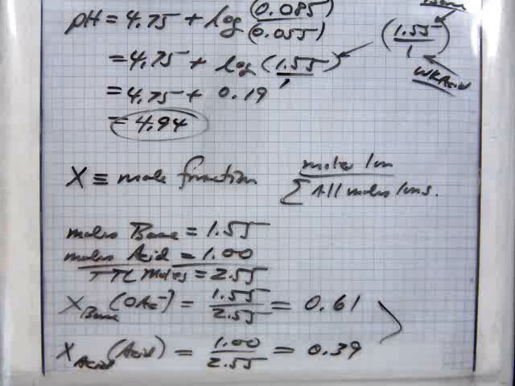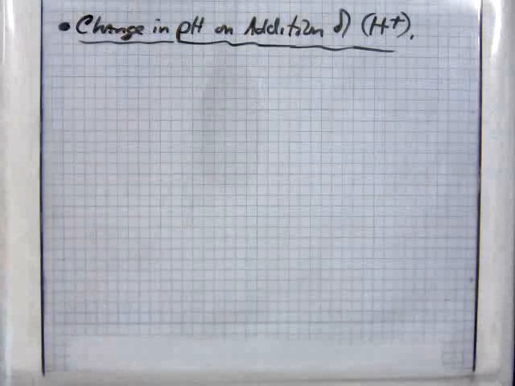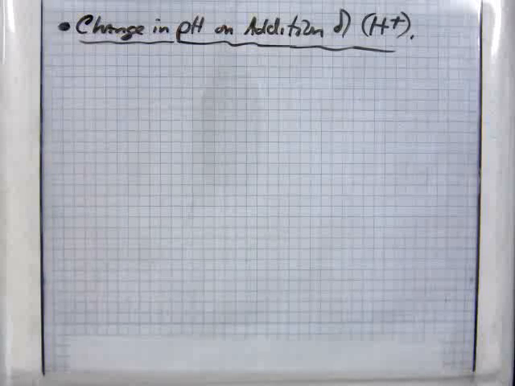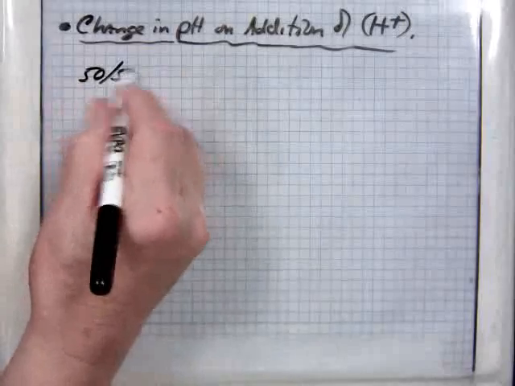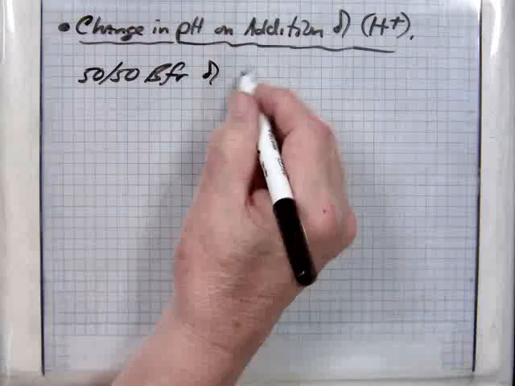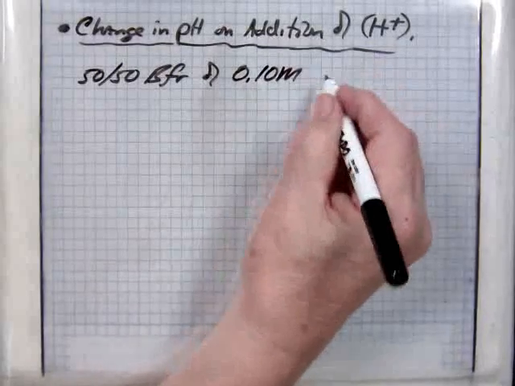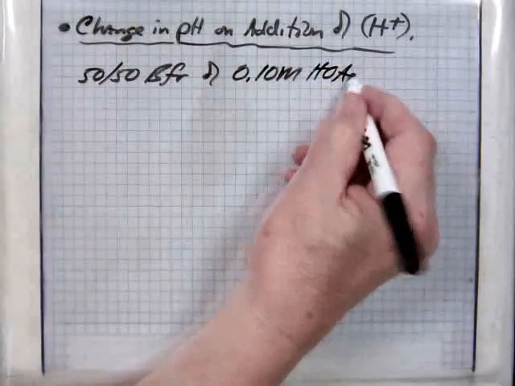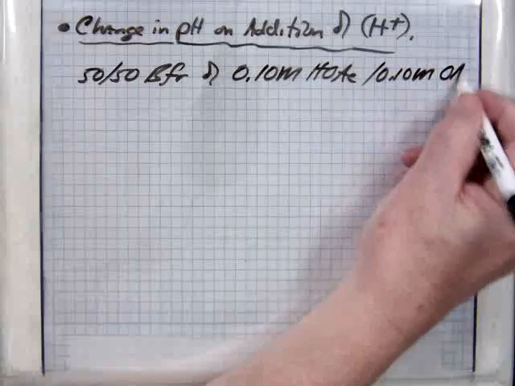Okay. I'm going to go ahead and write a buffer solution. We're going to use a 50-50 buffer. That is 0.10 molar in HOAC and 0.10 molar in the acetate ion.